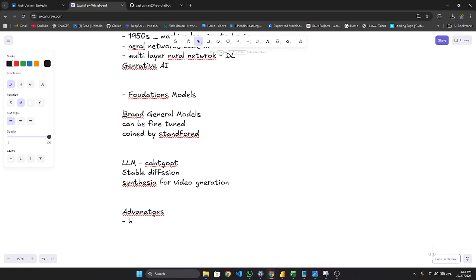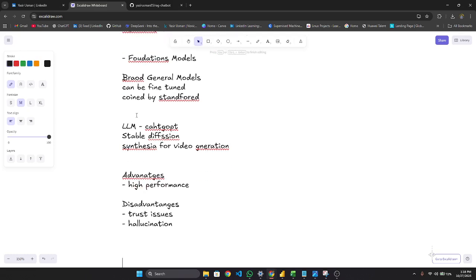High performance, and it's already pre-built. Why should we not? We can have trust issues and hallucination issues because it's not trained on our personalized data. This is where we will study RAG.